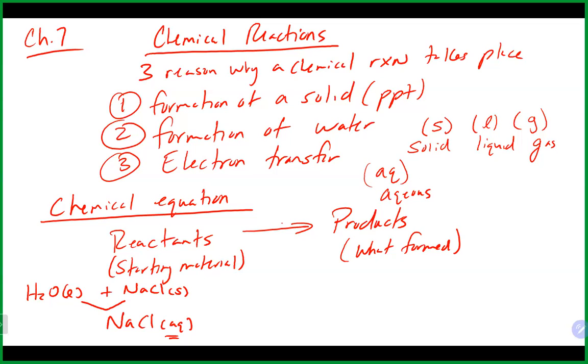Other things that we sometimes see in chemical equations are a number of things written on top of the arrow to indicate things that were added to the reaction, or added to help the reaction take place. A very common thing we see written on top of the arrow are catalysts.